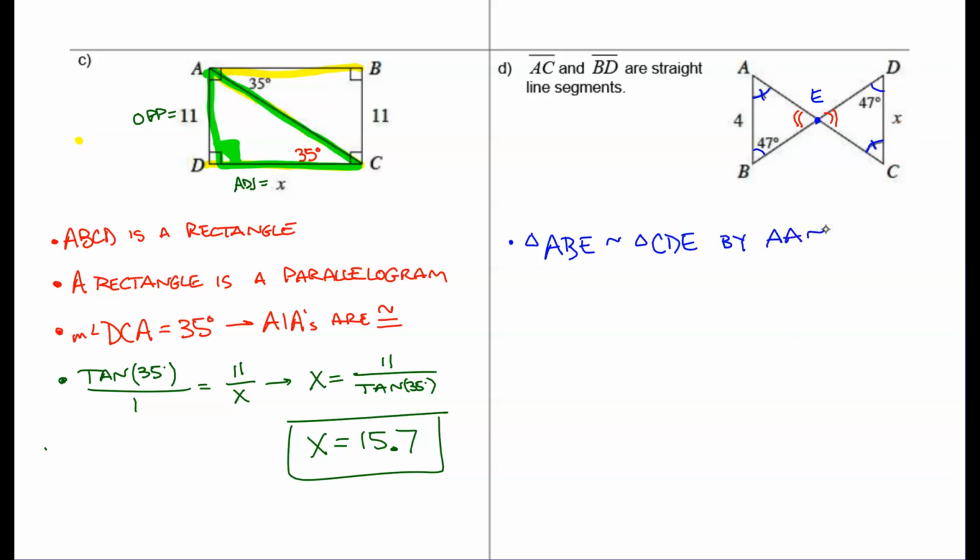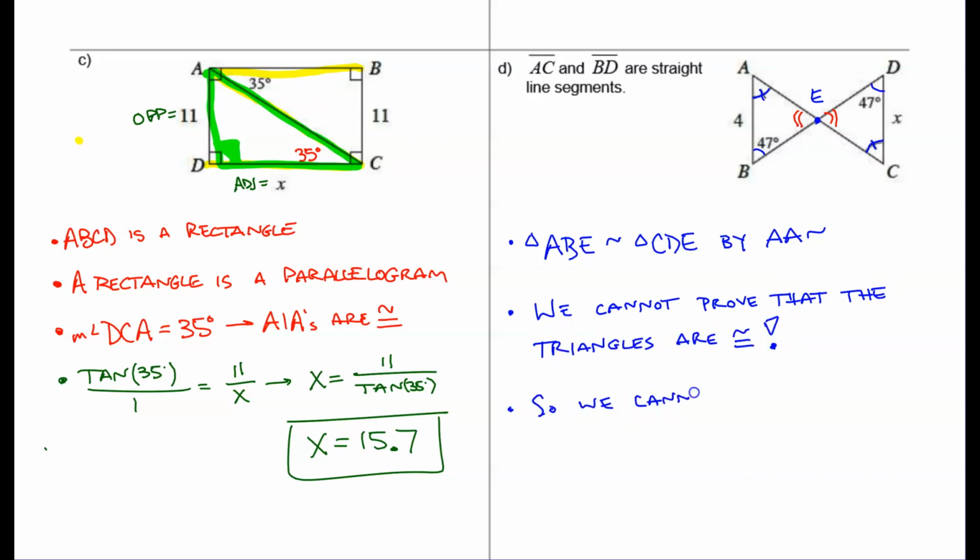But here's a problem. Angle-angle does not guarantee congruence. It only guarantees similarity. So we have this issue here where we cannot, and I repeat, we cannot prove that the triangles are congruent. So we cannot find x.